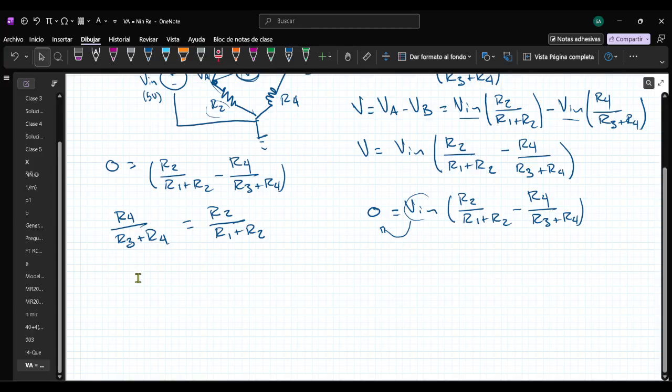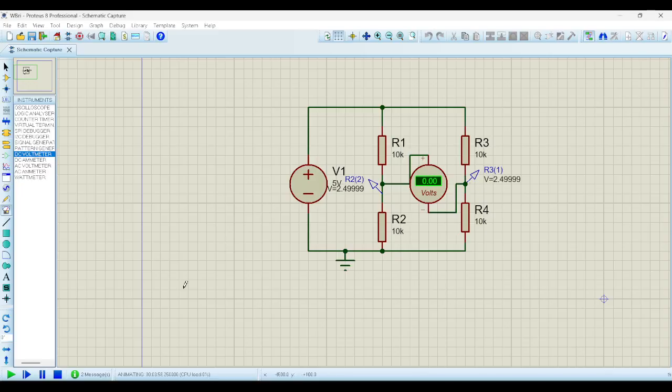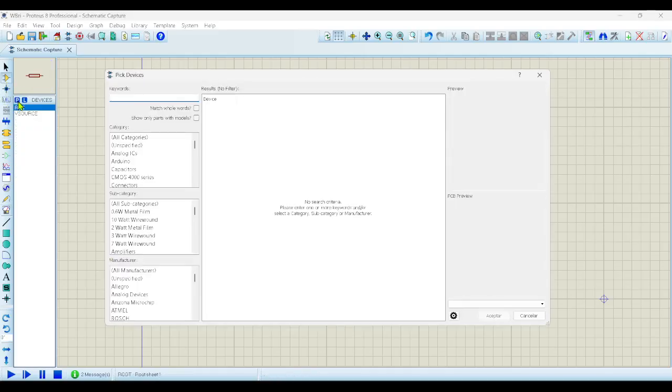So that tells me that the relation between R3 and R4 should be equal to the relation here, right? So for example, if I make this a potentiometer, I will change this for a potentiometer. Let me add here a potentiometer.